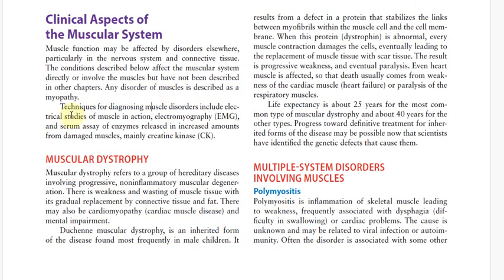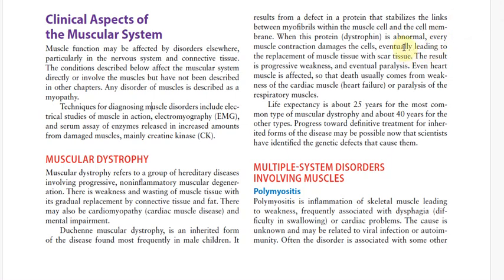Also work on the technical definitions here. For example, muscular dystrophy, which is in short wasting away of tissue. It refers to a group of hereditary diseases involving progressive non-inflammatory muscular degeneration.